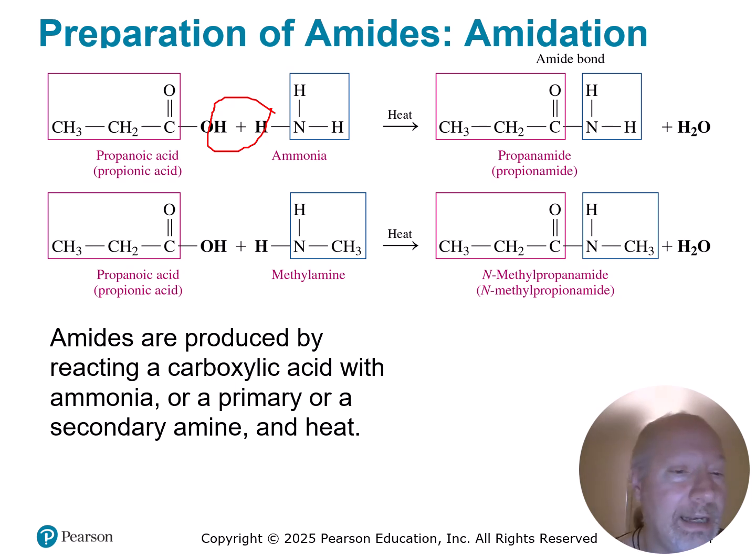But we don't just have to stick with ammonia. We can get fancy and try methylamine, right? Methylamine has one carbon on it, which is a methyl group. We can react the same starting material, propanoic acid, with this methylamine, a little bit of heat, and guess what? We now get N-methylpropanamide.